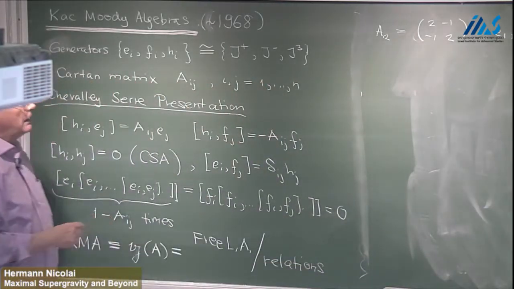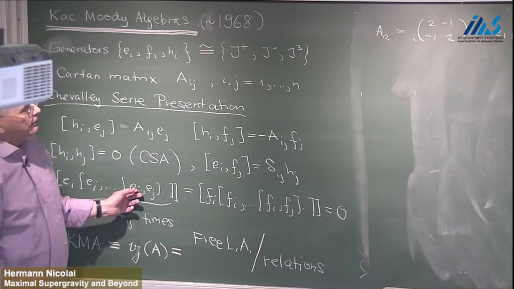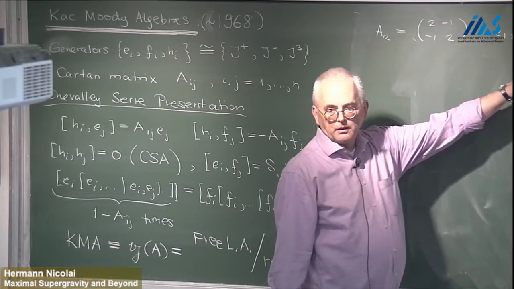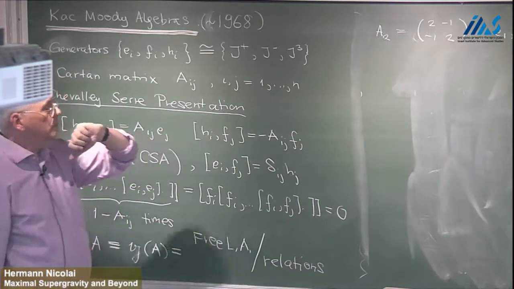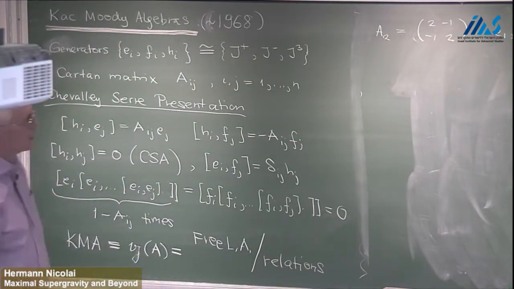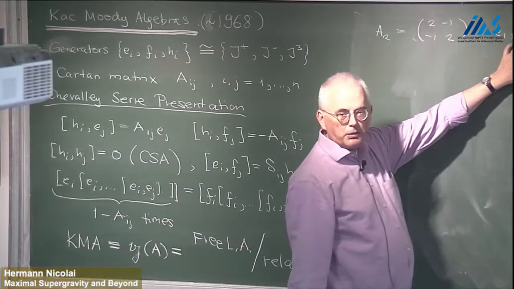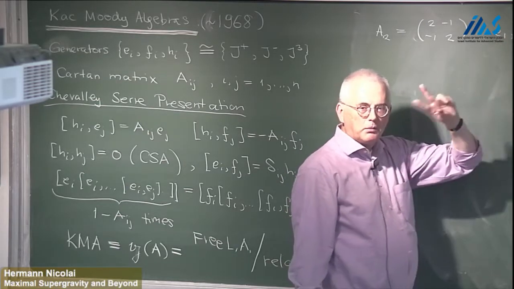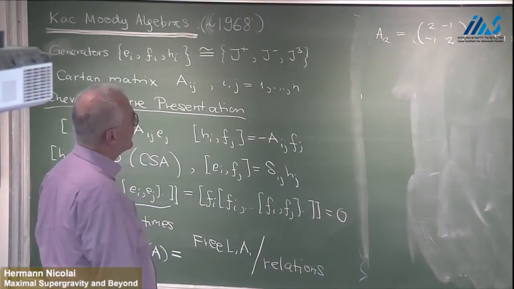And same for F and H. And if you take any further commutator, then you will get 0. Here we turn this around. We say that we abstractly define the Lie algebra in this way. That's the algebra then. So SL3 simply has dimension 8, because I get 3 like this, I get 3 from the F's, plus 2 Cartan subalgebra elements.